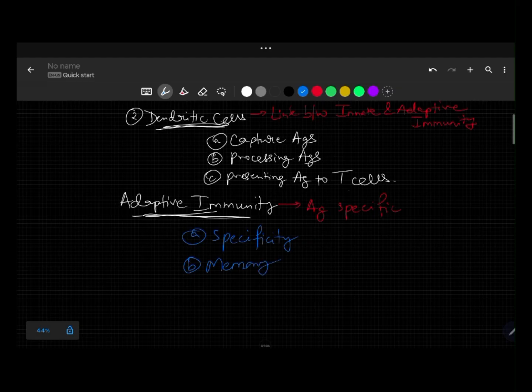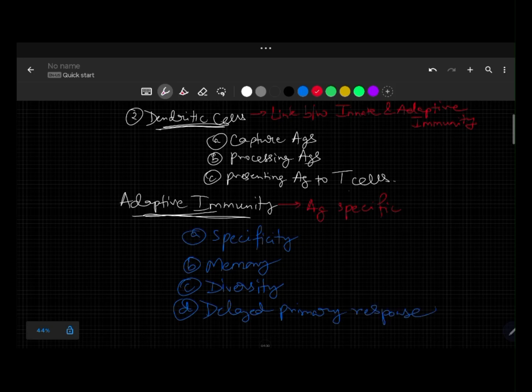It can remember which antigen the body had encountered before. Then diversity, so it is diverse against different classes or varieties of antigens. And next we have the delayed primary immune response, because it takes some time to initiate the immune response.